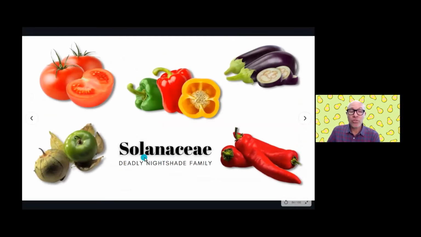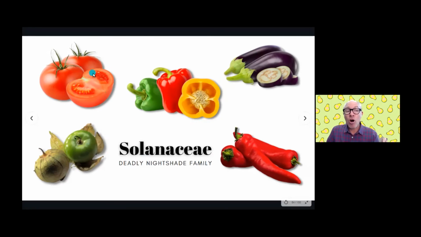Within the family, a family that we have met before, the Solanaceae, the result of the pollination of the flowers of these plants lead to these fruits: tomato, peppers, aubergine, chilies, and this is tomatillo.